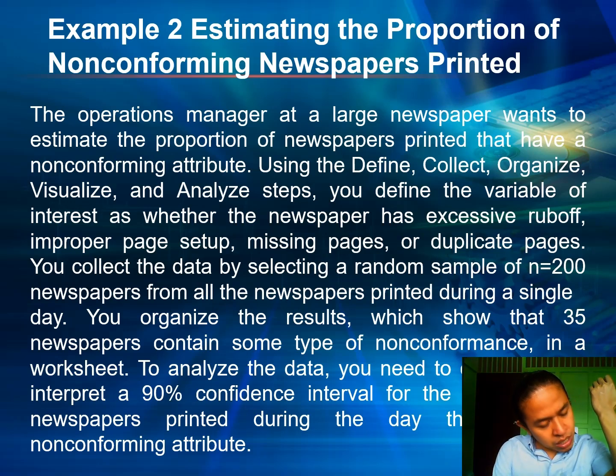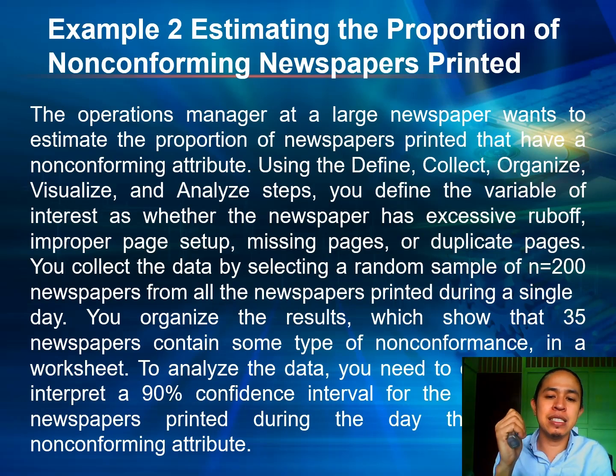Using the define, collect, organize, visualize, and analyze steps, you define the variable of interest as whether the newspaper has excessive rub-off, improper page setup, missing pages, or duplicate pages. You collect the data by selecting a random sample of n equal to 200 newspapers from all the newspapers printed during a single day.